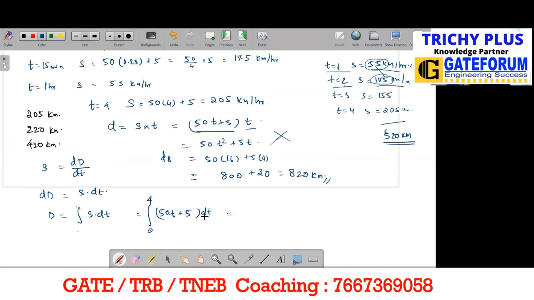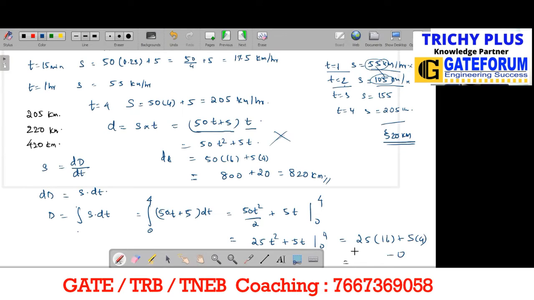So for the integration, 50t means it's going to be 50 t squared by 2, plus the integral of 5 dt is nothing but 5t, from 0 to 4. Okay. So this is going to be 25 t squared plus 5t, 0 to 4, which is equal to 25 times 16 plus 5 into 4 minus 0.